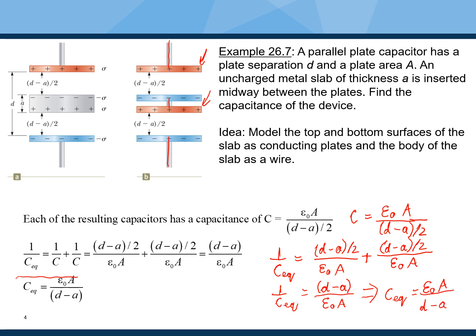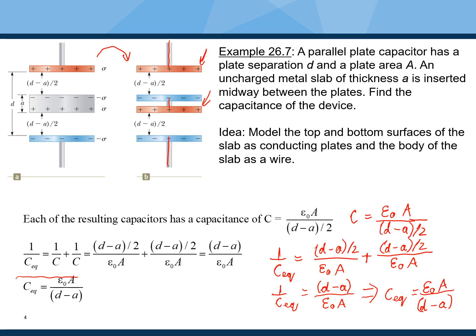A). So this tells us how to essentially take a configuration that is given to us and recognize within it the subtly hidden pairs of capacitors, and then use our rules for series or parallel addition of capacitances to find the equivalent capacitance of the configuration.